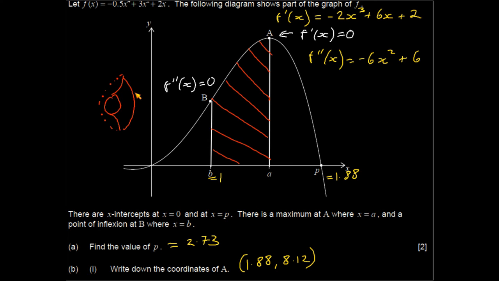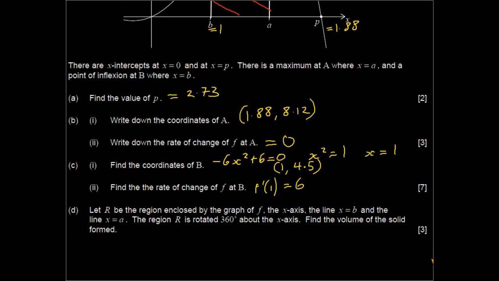Anyway, what's important here is that when we work out the volume of a 3D shape, the volume should be pi times the integral of y squared. So the volume is going to be pi multiplied by the integral of y squared dx, and then putting in the limits.